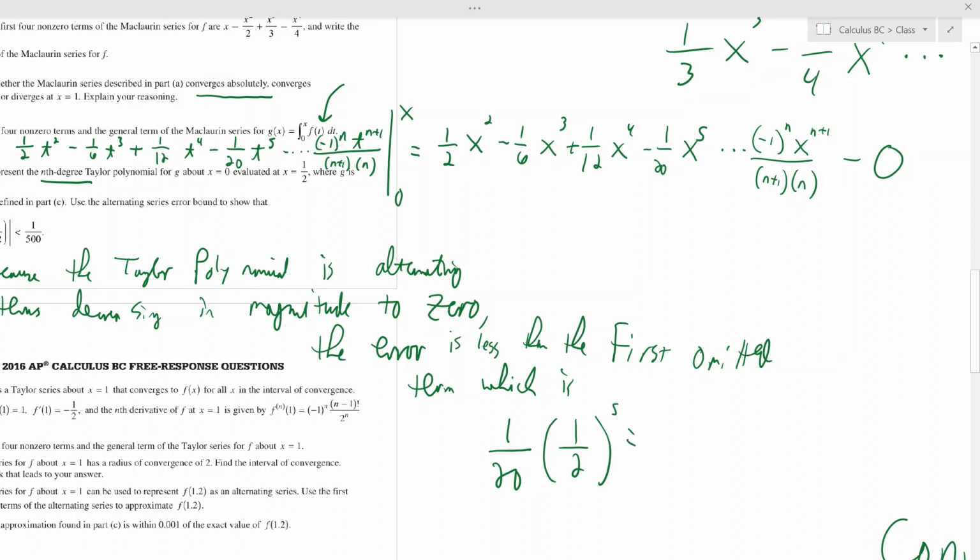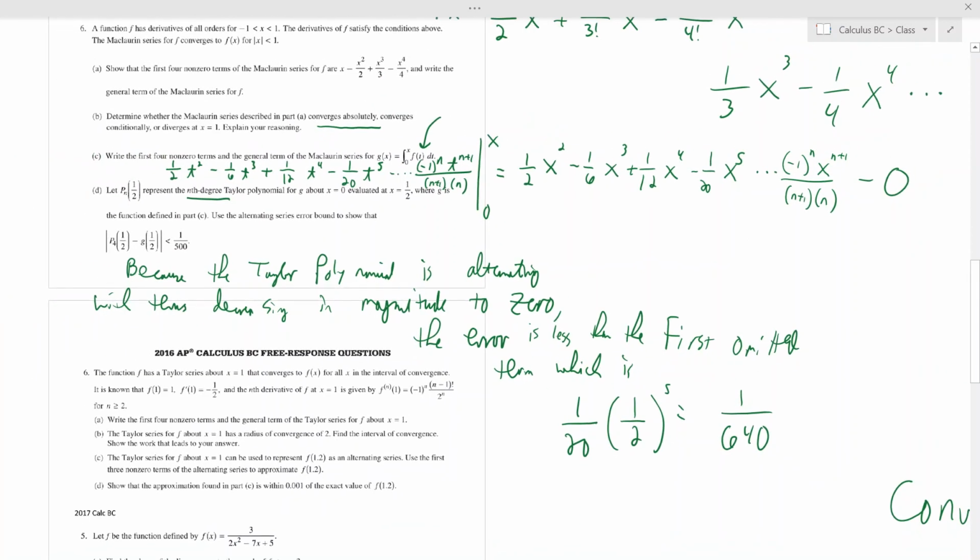So that's 1/32 times 1 over 20, which is 1/640. And that is less than 1/500.